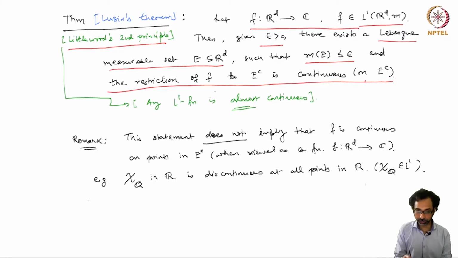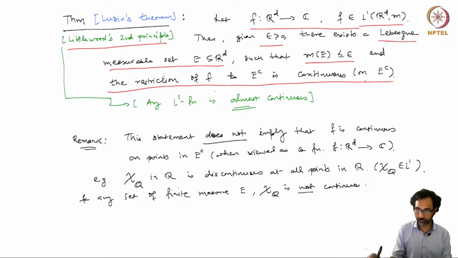On the other hand, for any set of finite measure E, chi Q is not continuous on R minus E because it's not continuous anywhere in R when it is viewed as a function from R.